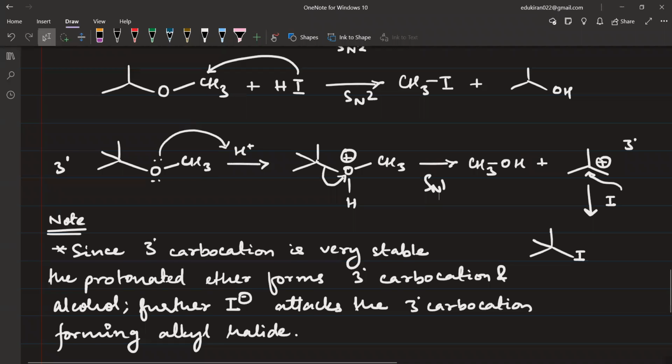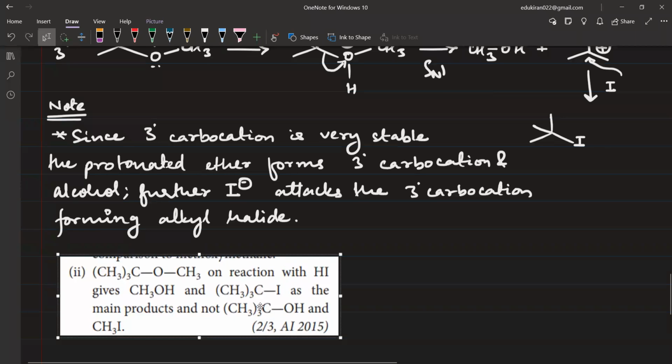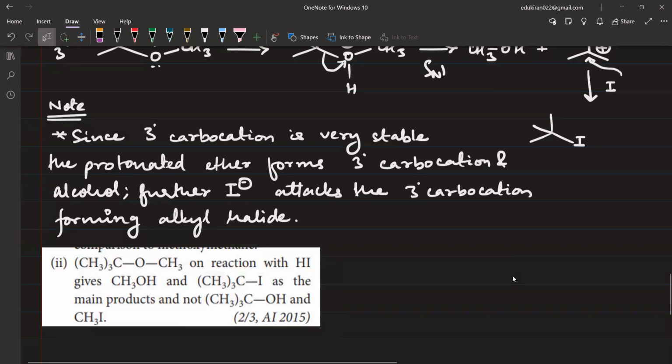Okay, so see, this type of question will be asked. Look, what we just taught: here they are asking, you have the same thing, a carbon atom with 3 CH3 groups and OCH3.